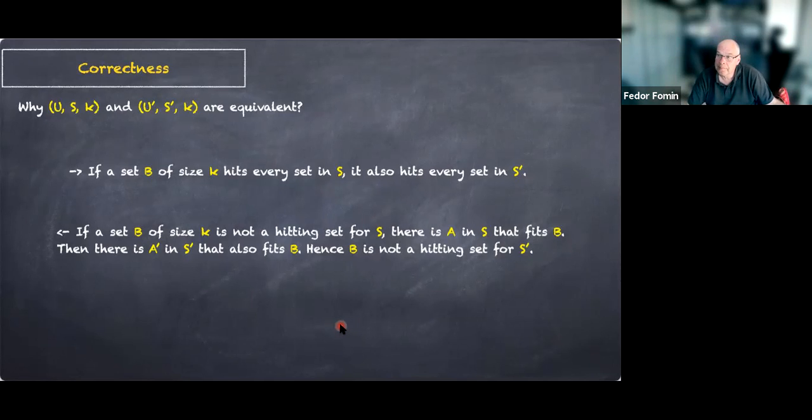Any questions so far? Okay, so the question: can we say that there is exactly one set in A prime for every B? No, unfortunately not.